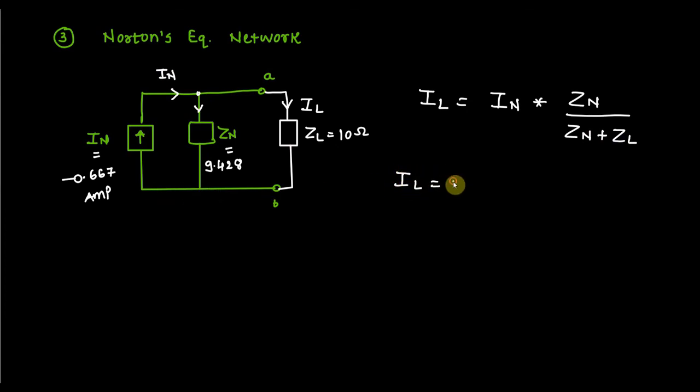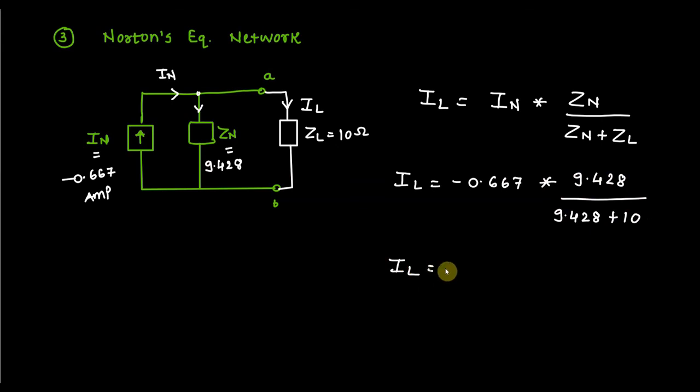Now you just have to substitute the values and get the answer. IL is 0.667 multiplied by Zn, whose value comes out to be 9.428, divided by 9.428 plus 10. Now simply solve this.